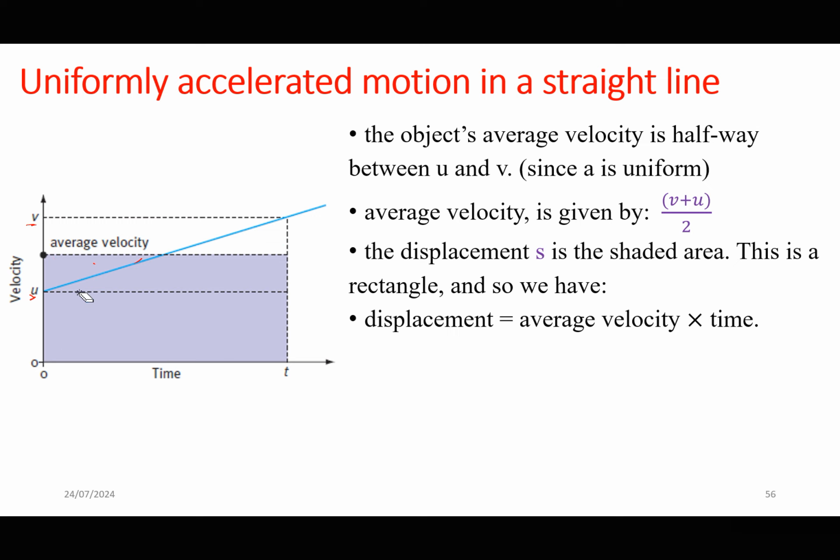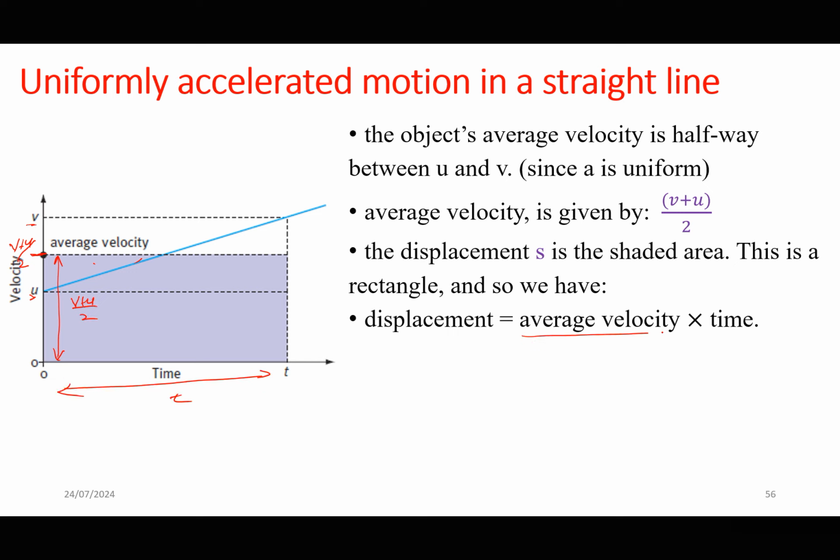So we shall have the displacement as the average velocity, which is u plus v divided by 2, times time. Because the area of the rectangle at this point here, the velocity is v plus u divided by 2. So the vertical is v plus u divided by 2, and the horizontal is t.